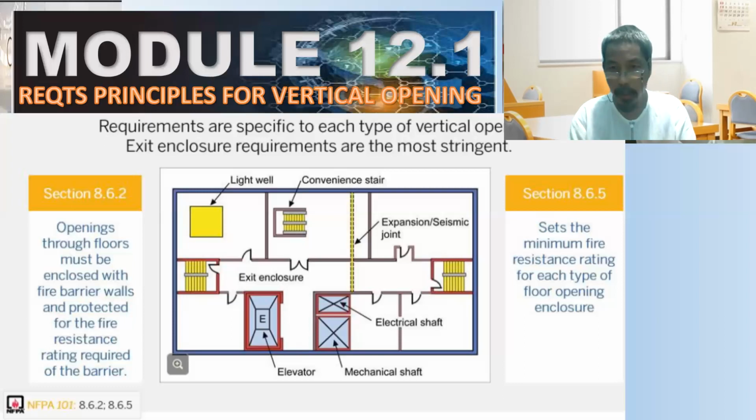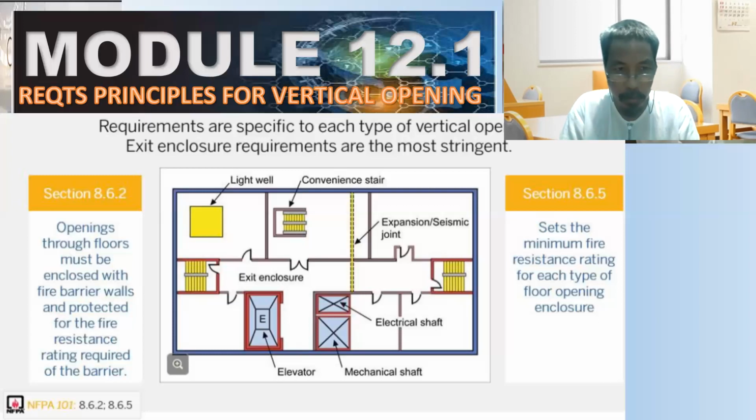So there are instances where engineering design will make some vertical openings which are not avoidable. We cannot avoid it.